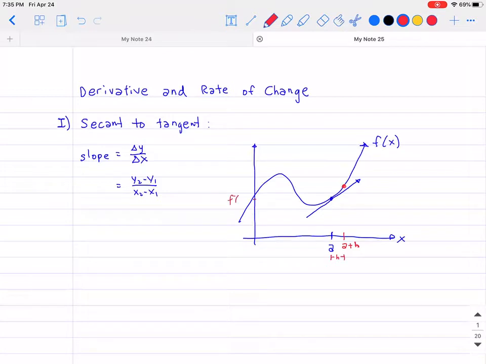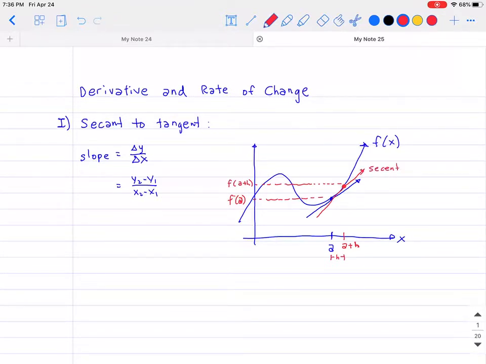The y value at a, if you're plugging into the function, well, that is going to be f of a. So that is going to be this guy over here. Now, plugging in a plus h into the function, then that means that this y value would then be f of a plus h. So now we can go ahead and create another line right here.